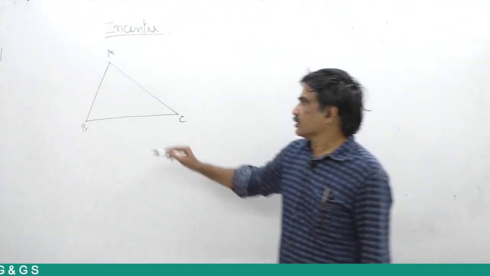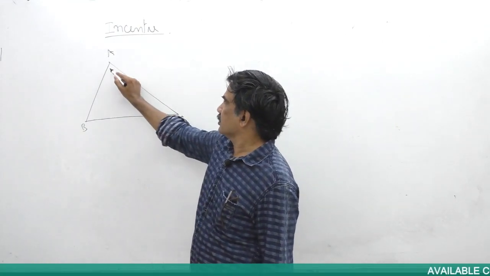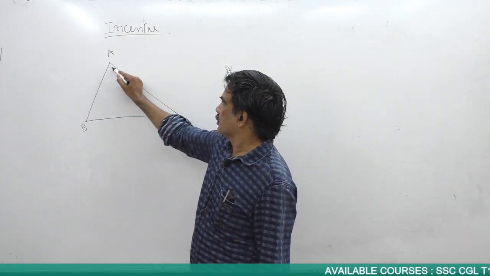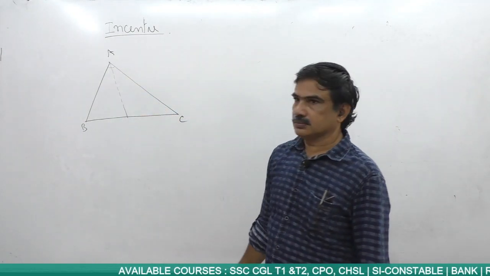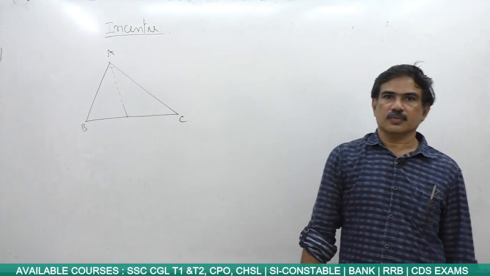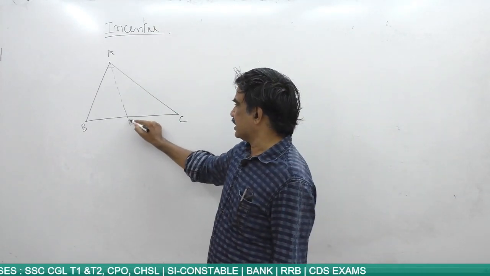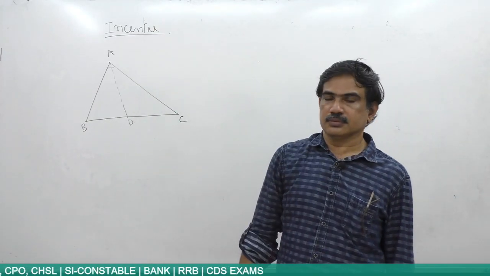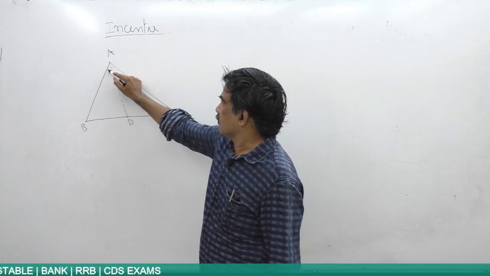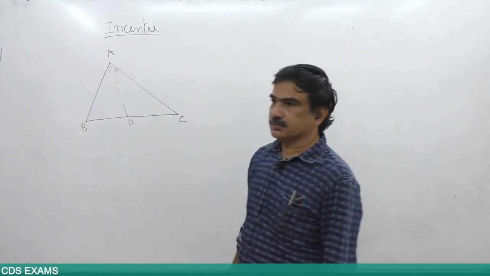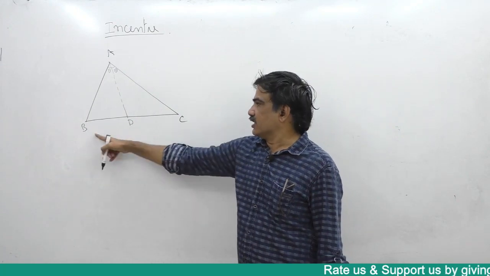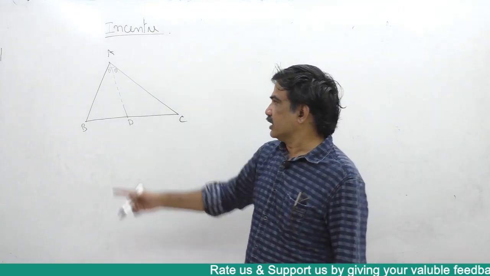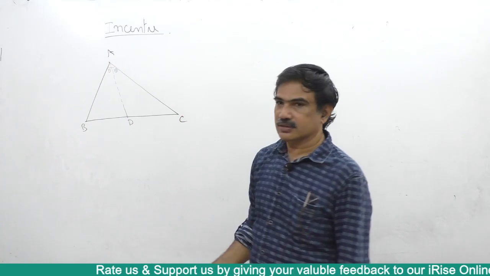Next, in triangle ABC, draw the angular bisector of A, which meets BC at D. If this is theta, this is also theta. The angular bisector divides the opposite side in the ratio of its adjacent sides.